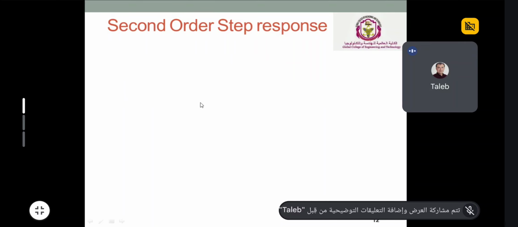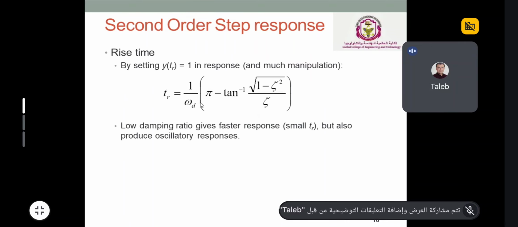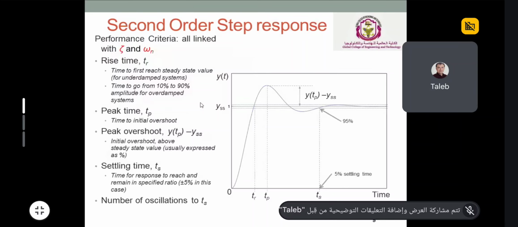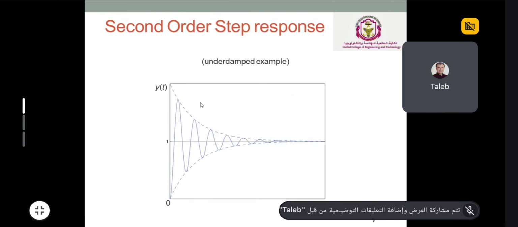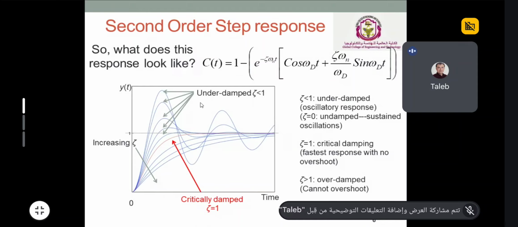We have another general formula. Yes, this one. The output is this. So you don't need to calculate or obtain this. I will give you this. This is the general formula for the output of a second order system.